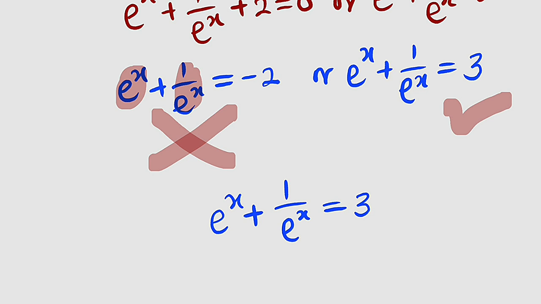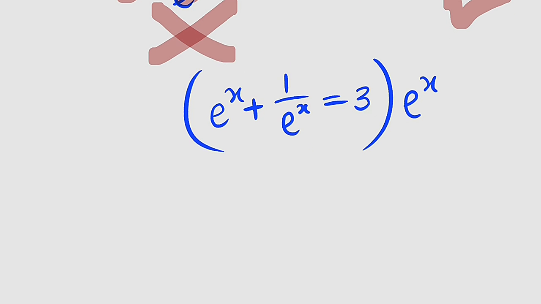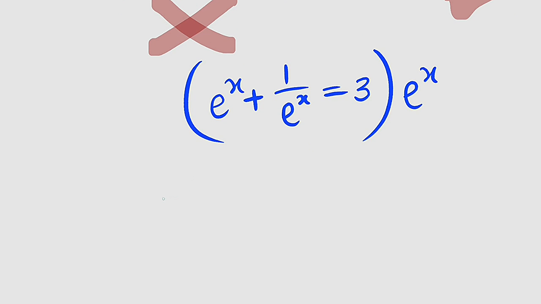Let us multiply every single term by e to the x. We have all of this multiplied by e to the x because I want to clear this fraction. e to the x times e to the x is e to the 2x plus the whole of this times e to the x is 1. This is equal to 3 e to the x.